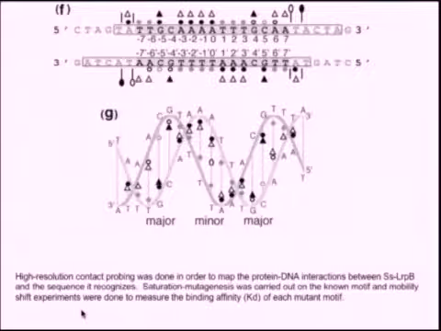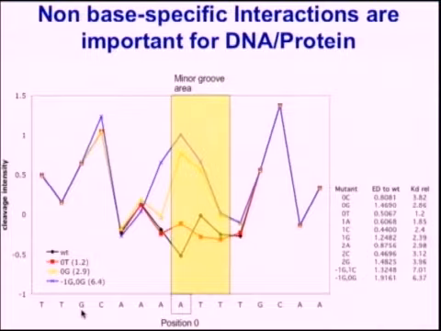For this particular paper, they did saturation mutagenesis on this DNA sequence where they changed all of the different bases and looked at the protein binding affinity using gel mobility shift assays to see how much better or worse the mutated binding site did. Steve focused on the minor groove area, which is known to have non-base specific important interactions between this protein and DNA molecule, and essentially summed up the Euclidean distance measured structure pattern for various mutations, and then also what he's calling KDREL, which is the relative DNA binding.